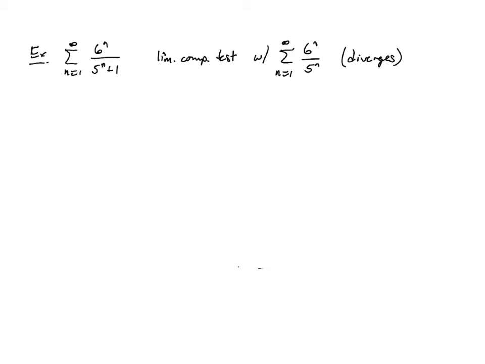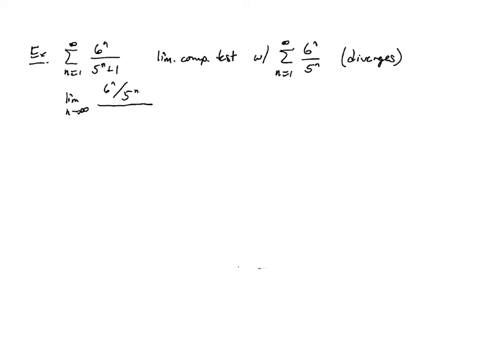So in order to conclude that the series that we started with diverges, we need to compute the limit as n goes to infinity of the ratio of the terms from our series, and let's actually do it the other way.